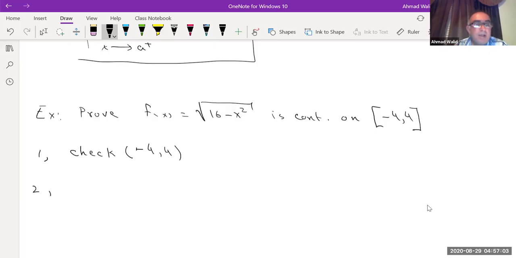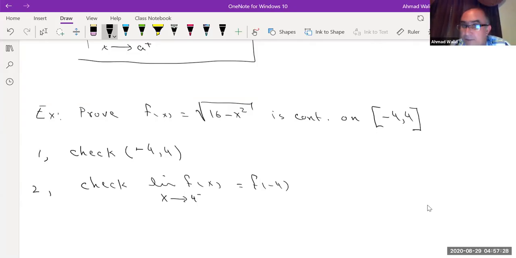Number two, I will check if the limit of f of x as x approaches 4 from the left equals f of 4. I'll check this. I'm not sure it's equal or not. I didn't check yet, but I have to check this.